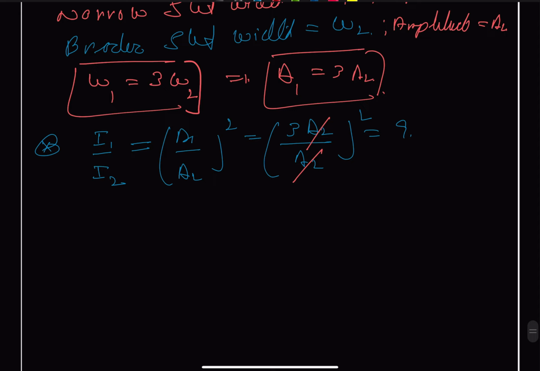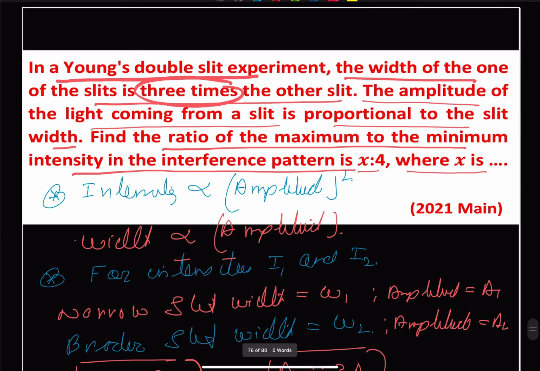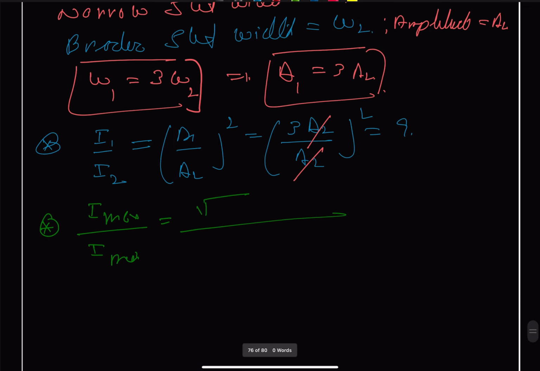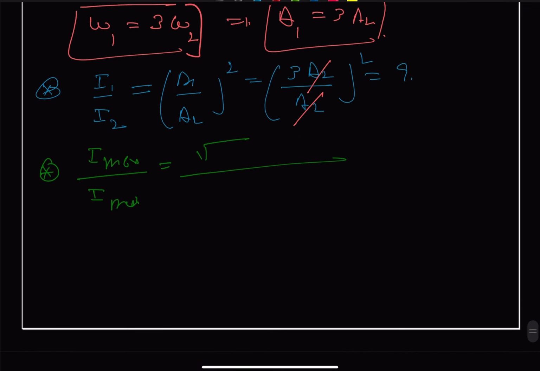And the ratio of maximum and minimum intensities, we have I max upon I min, we have to find out maximum to minimum. So we get I max as (square root of I1 plus square root of I2) whole square, and I min as (square root of I1 minus square root of I2) whole square.